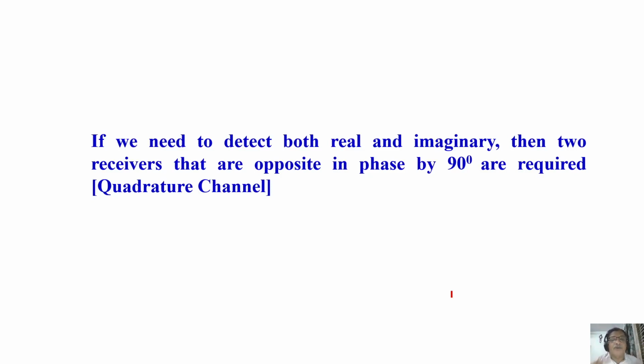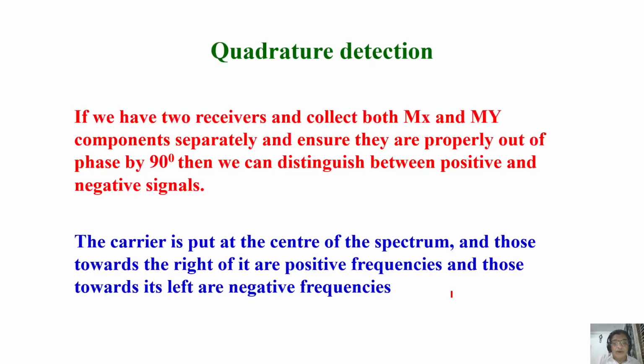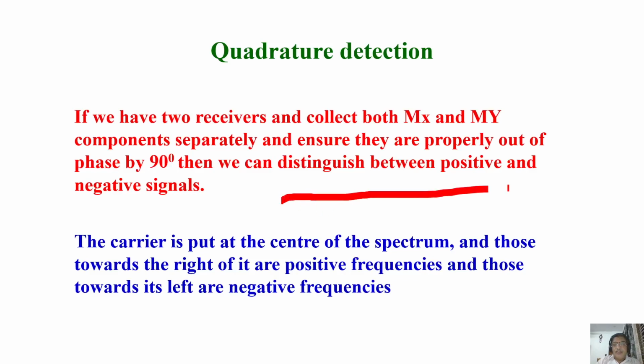I can distinguish between the cosine part and the sine part, and so I can distinguish peaks with positive and negative sign. How can I do that? If I have to distinguish this, I am going to put my carrier at the center of the spectrum. If I have a spectral width here, I'll put my carrier here.